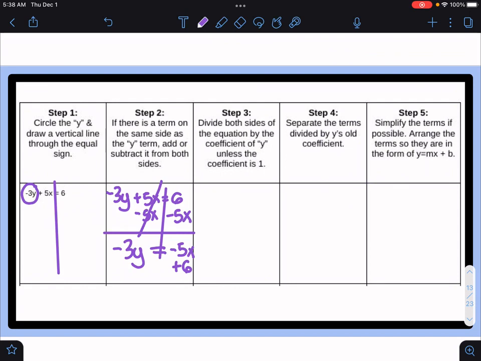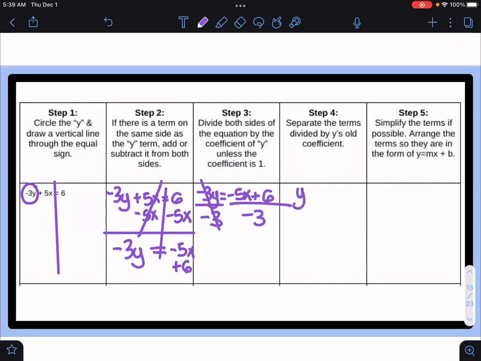Alright, so this is my current equation. Negative 3y equals negative 5x plus 6. Step 3 says to divide both sides of the equation by the coefficient of y. So the number that's in front of y that's being multiplied, divide by negative 3, divide by negative 3. And then step 4, separate the terms by dividing by the old y's coefficient.